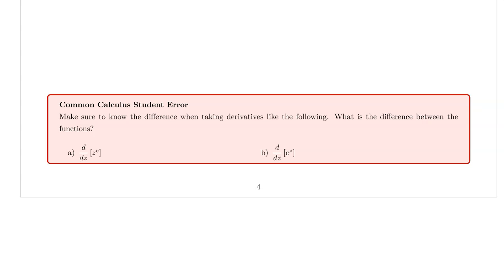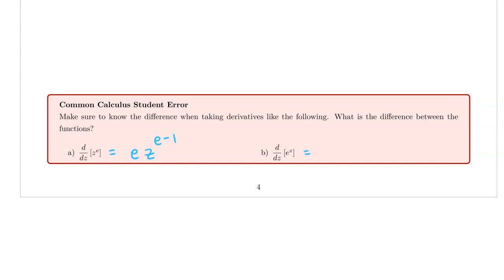In this case, because we're taking the derivative with respect to z, z represents our variable, and we know that e is a constant, so because I have a variable to a constant, this is a polynomial, or something that I would use the power rule on, because again, the base is a variable and the exponent is a constant. So I would have e times z to the power of e minus 1.